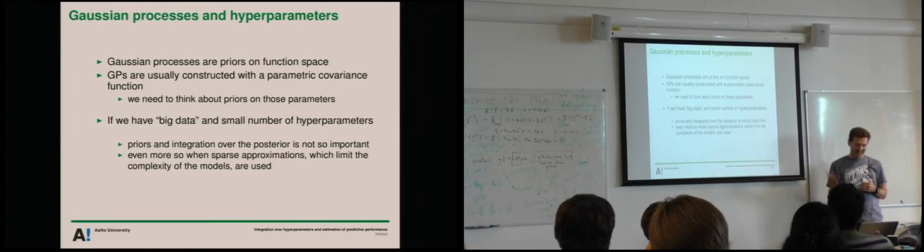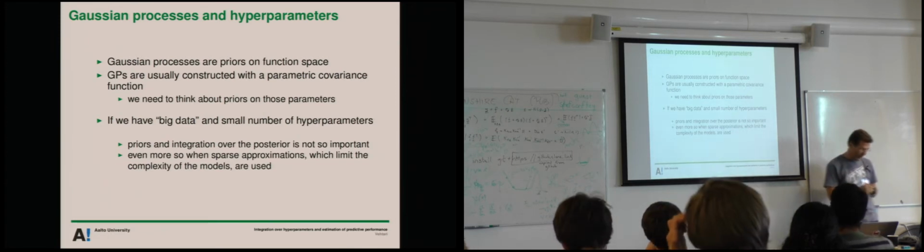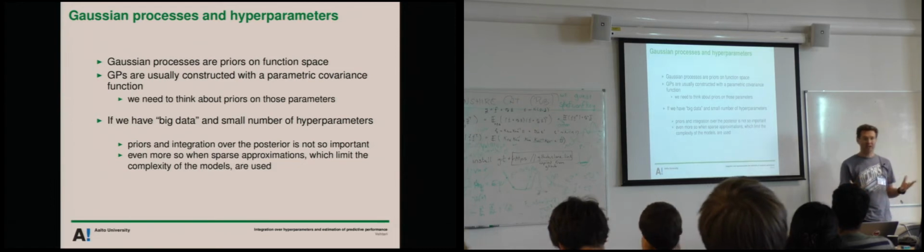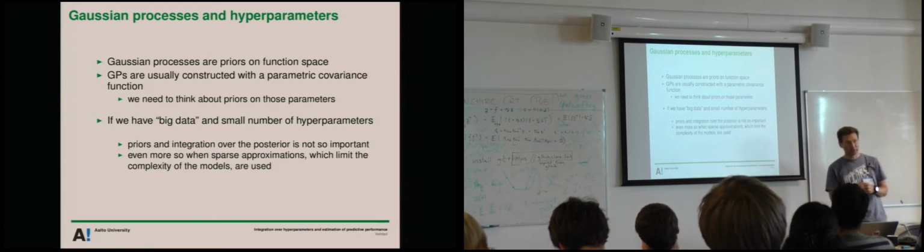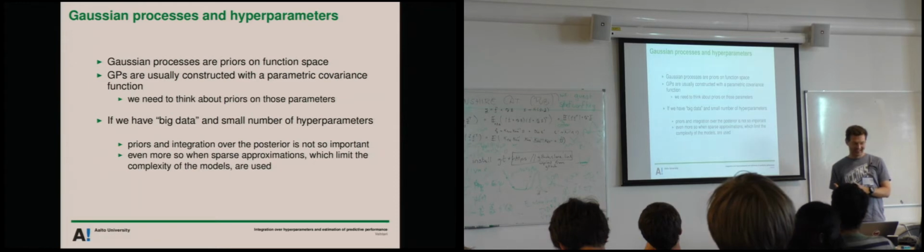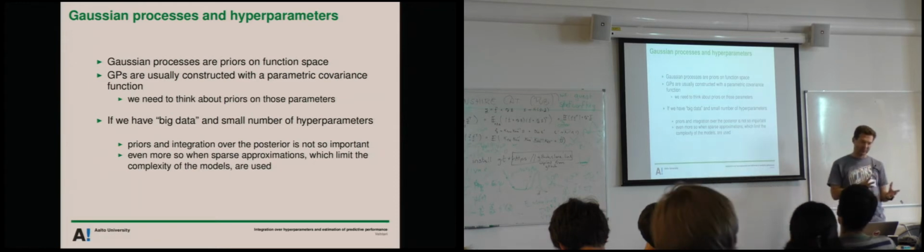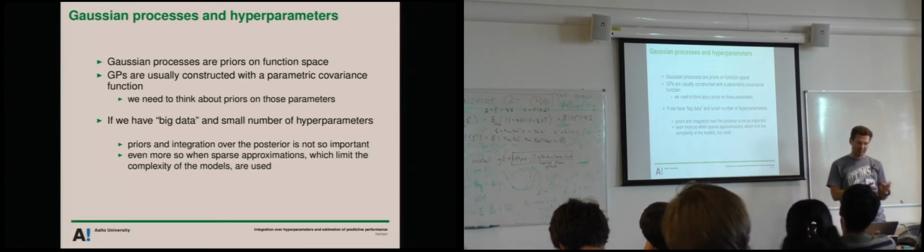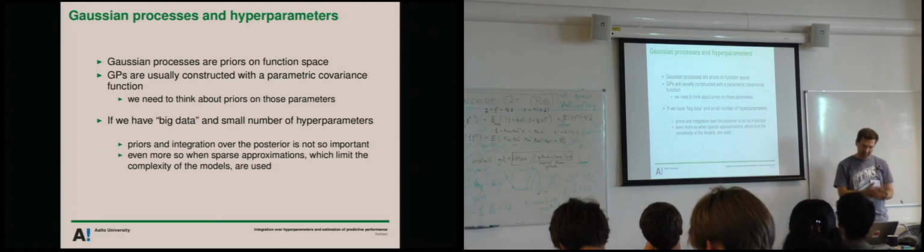And this holds even more when these PG type sparse approximations are used, because they limit the complexity of the models, and then there's even more data affecting the posterior of the hyperparameters and making them concentrate faster.